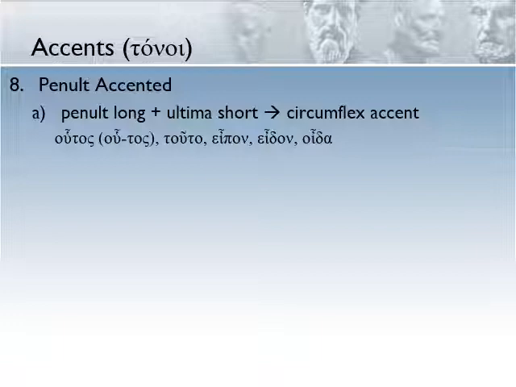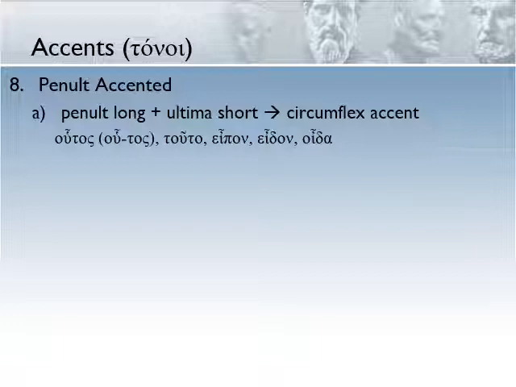Last example, either. Now here, I want you to notice something interesting. We have two syllables. We have an ultima consisting of delta, alpha, and a penult consisting of a digraph. Now we said earlier that the letter alpha could be sometimes long, sometimes short. By thinking about the rules for accent, can you tell whether this alpha is long or short?